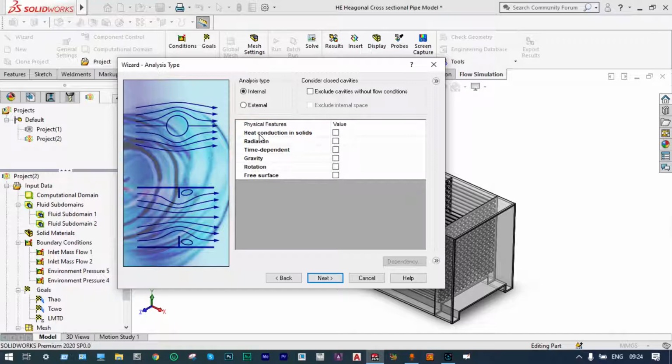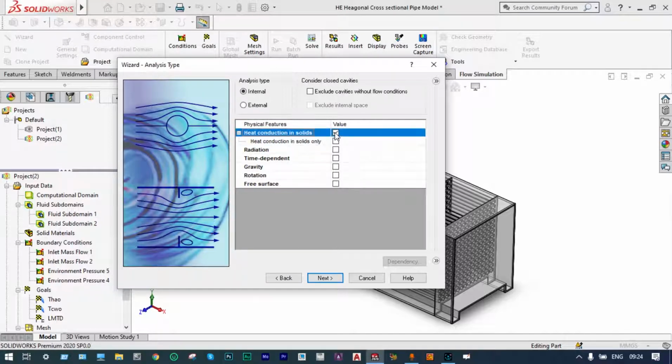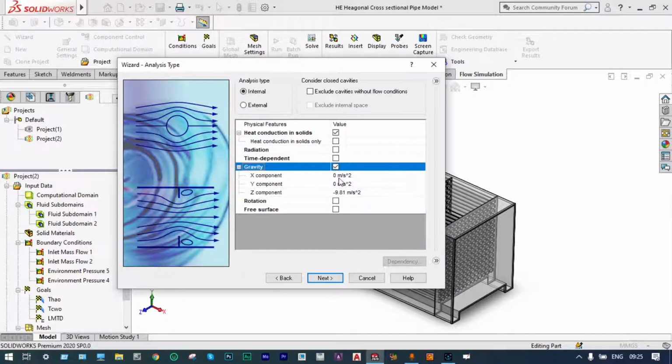And from the physical features we can select heat conduction in solids, and definitely gravity will be involved because hot fluid will be going up, and the direction of gravity will be Y, which is visible from the direction here itself.